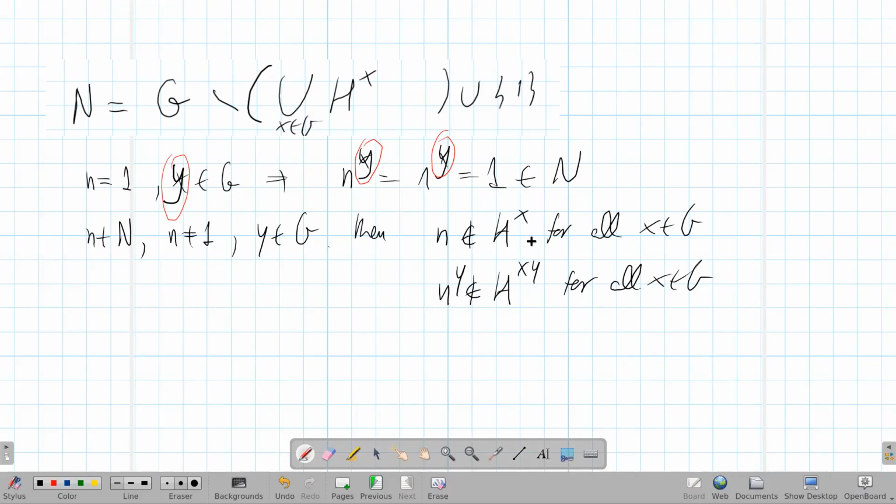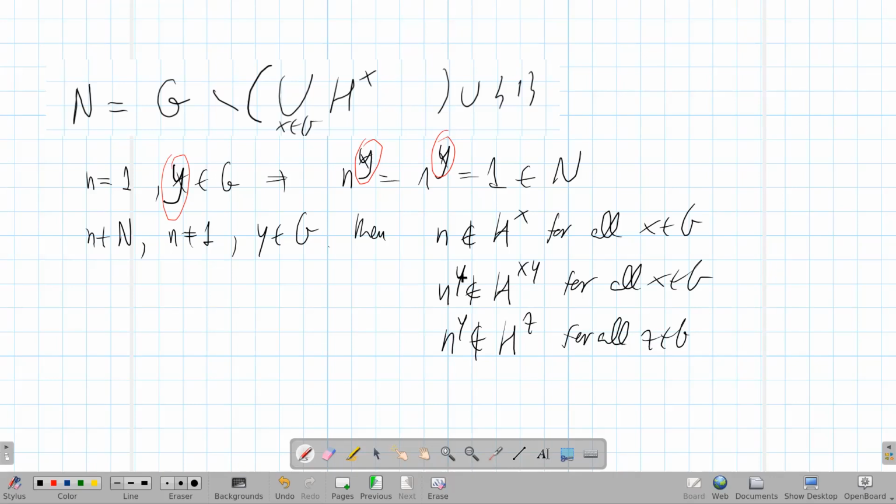And of course y is fixed, and once you fix y and you let x range over G, this is an arbitrary element. So what you obtain is that n^y is not in H^z for all z in G.